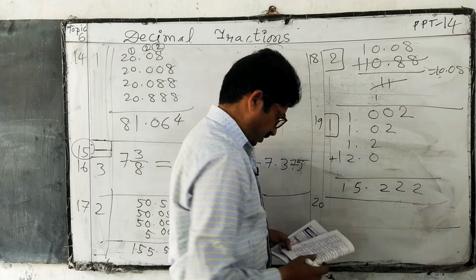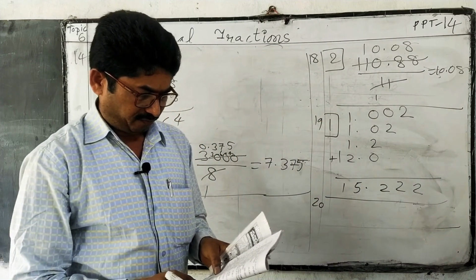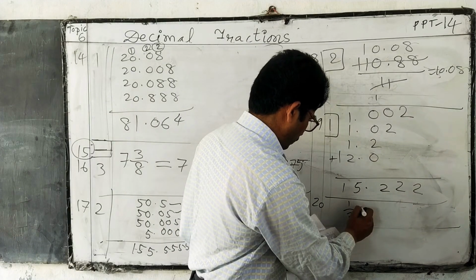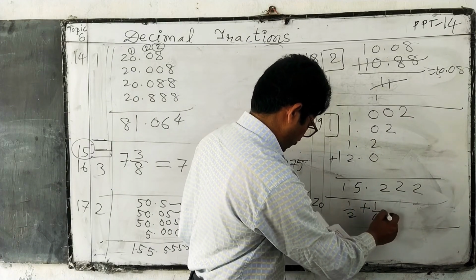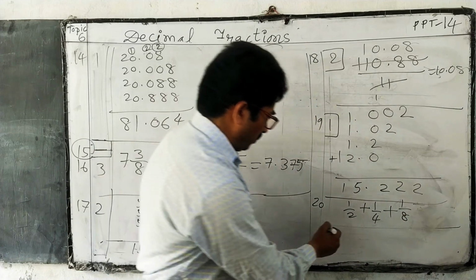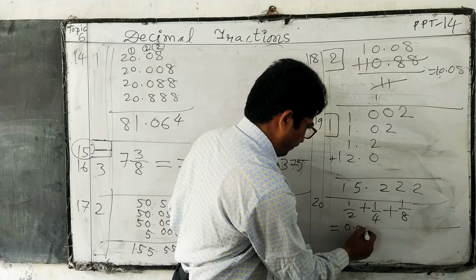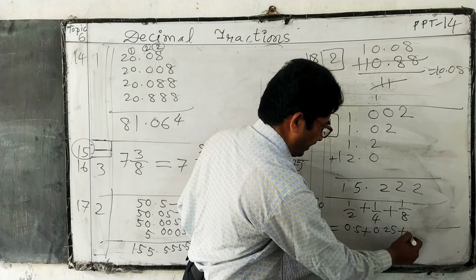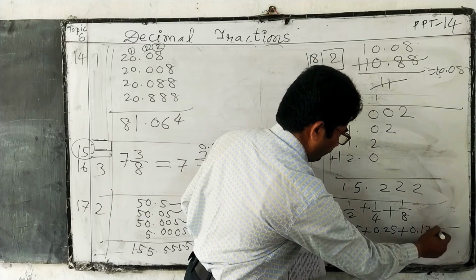Question number 20. The sum of 1/2, 1/4, 1/8. We know 1/2 is 0.5, 1/4 is 0.25, 1/8 is 0.125.